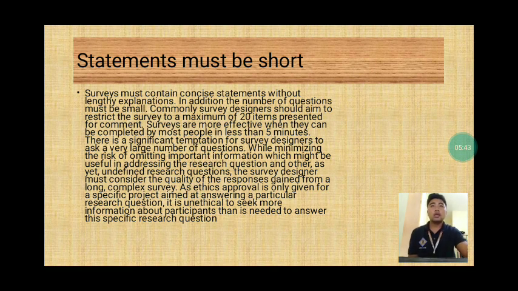The survey designer must consider the quality of the responses gained from a long, complex survey. As the ethics approval is only given for a specific project aimed at answering a particular research question, it is unethical to seek more information about participants than is needed to answer this specific research question.